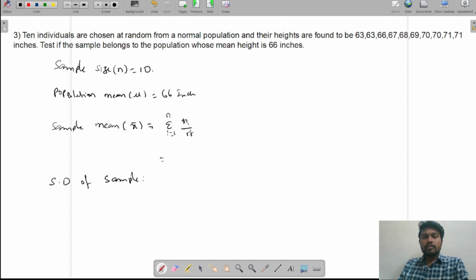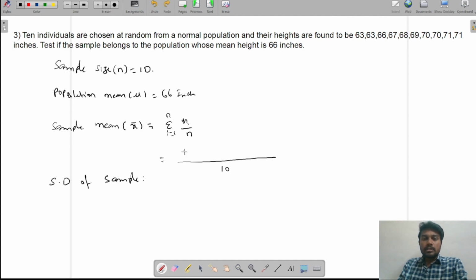What is n? The size of the observations. How many observations do I have here? 10 observations, so divided by 10.